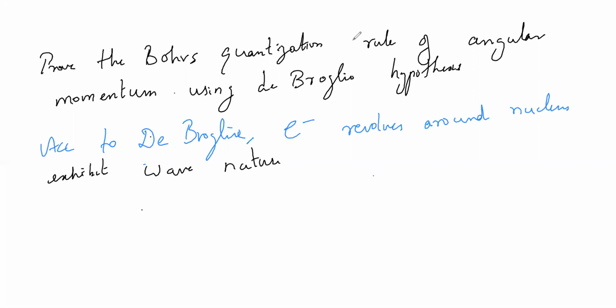So this is what we have to remember. So that is a circular path described by the electron contains n number of waves.